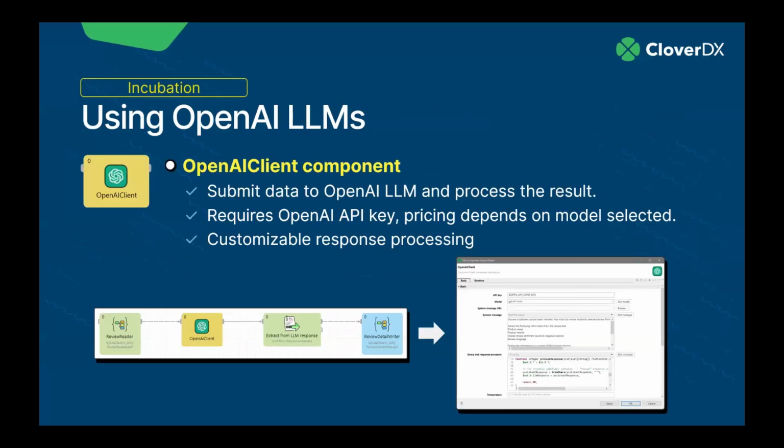So first, let's talk about this OpenAI component. As I mentioned, this is something that allows you to very nicely interact with OpenAI large language models in the cloud. You can pick any model you want, right? There's many of them available, ranging in capabilities from simpler ones that are cheap all the way to more complex, more recent models that are slower, more expensive, but also can do much more with the data that you submit there.